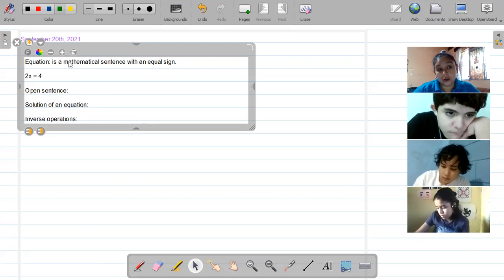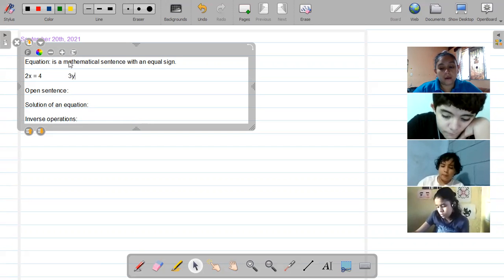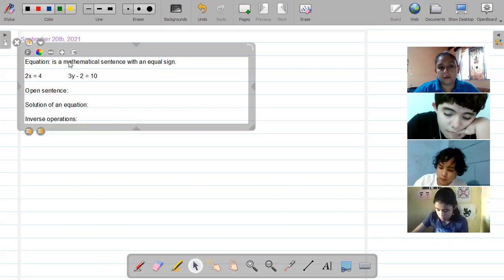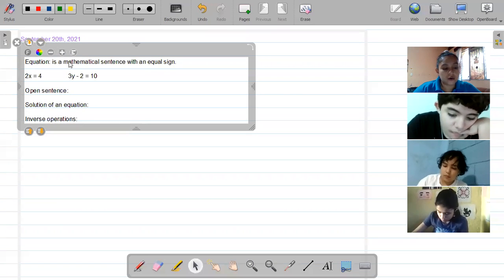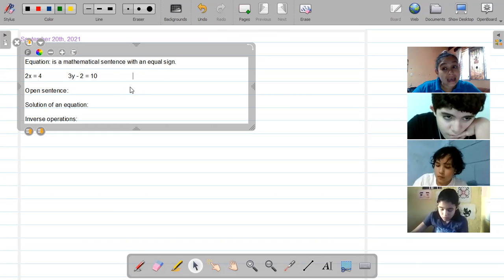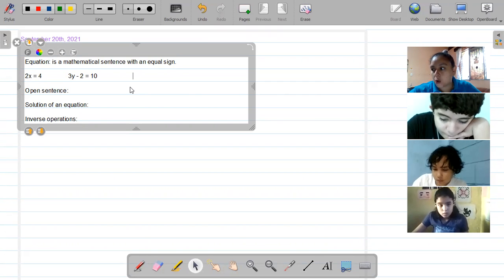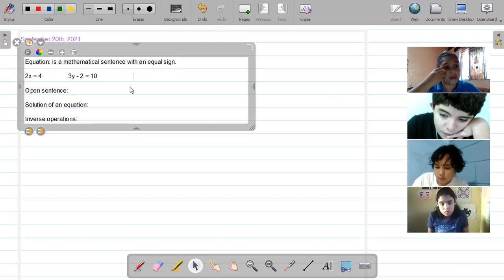That's an equation. Or, for example, 3y minus 2 is equal to 10. That's another equation. It has an equal sign. Every single mathematical phrase or sentence that has an equal sign is an equation. It comes from the same word, equal.